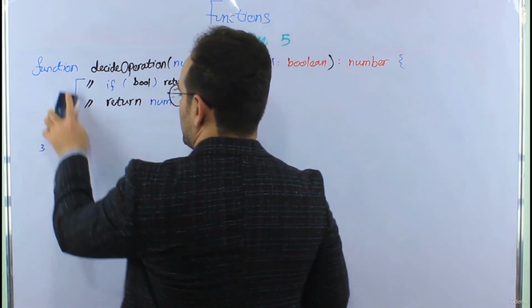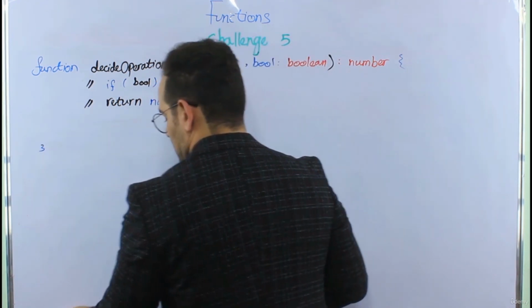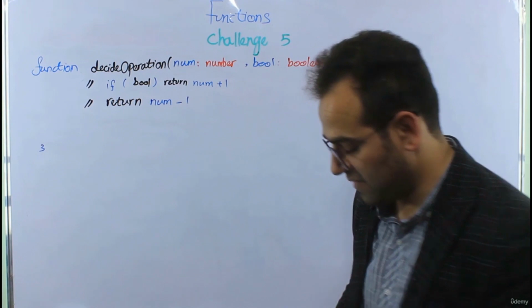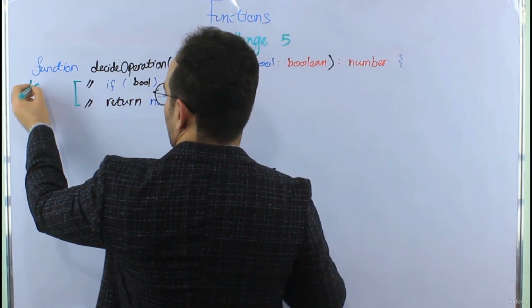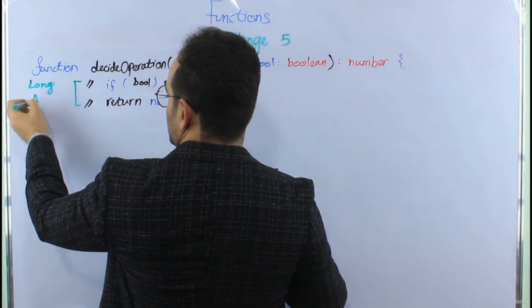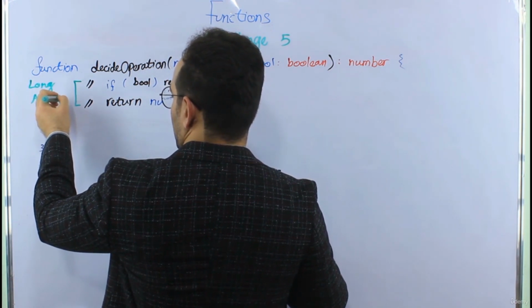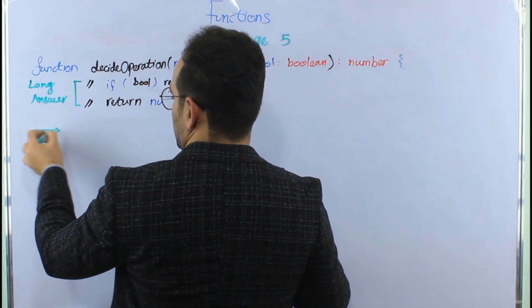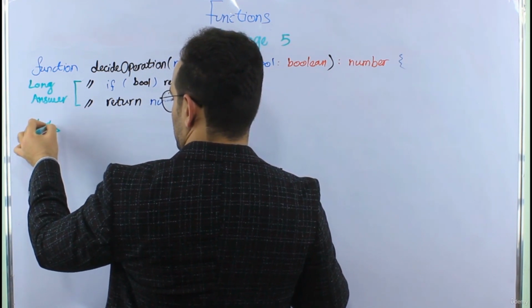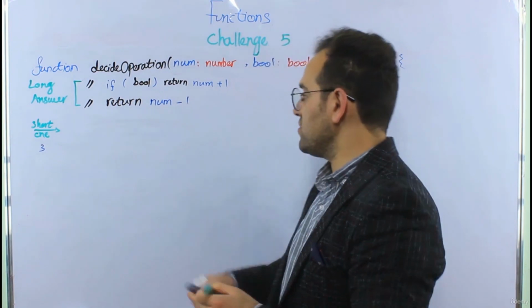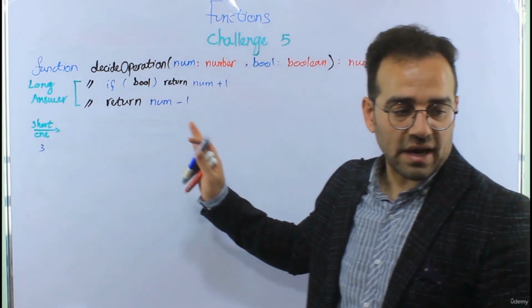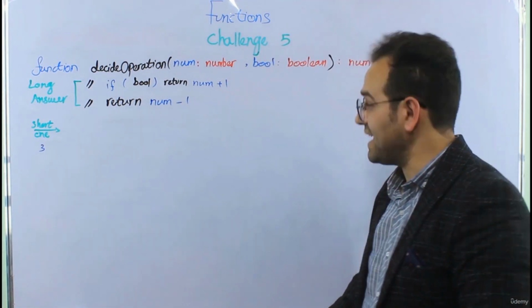Let's use the green one, so it's a little bit more obvious. So this is the long answer, and this one is going to be the short one. So short one. Cool. If you just work with this, it's going to be okay. It's going to work, and you don't have to worry about anything.